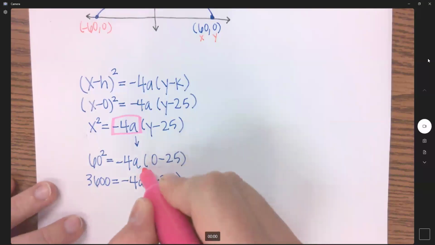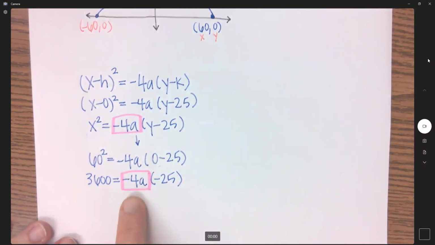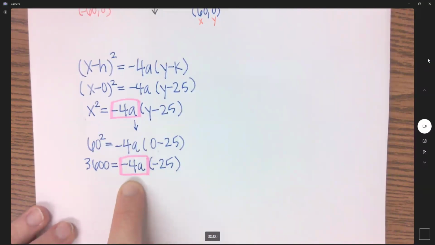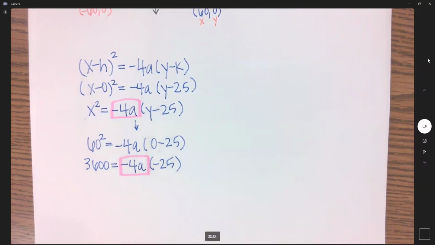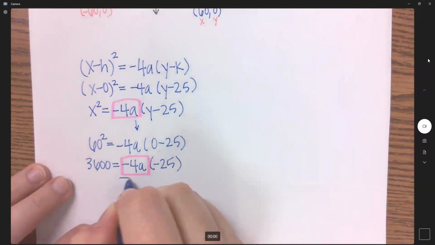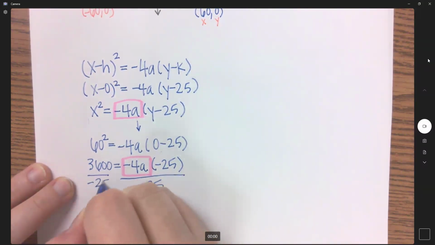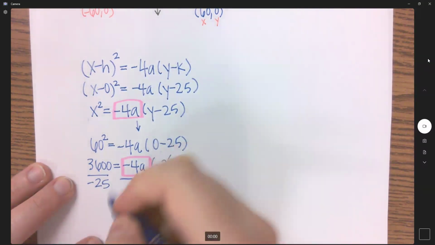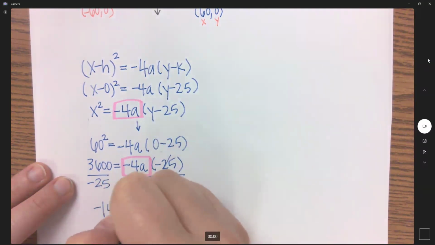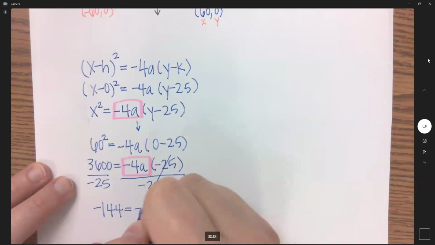So instead of solving for a and substituting it in, I'm just going to solve this for negative 4a. So if this is negative 4a times negative 25, I'm just going to divide by negative 25. Those cancel, and I get negative 144 equals negative 4a.